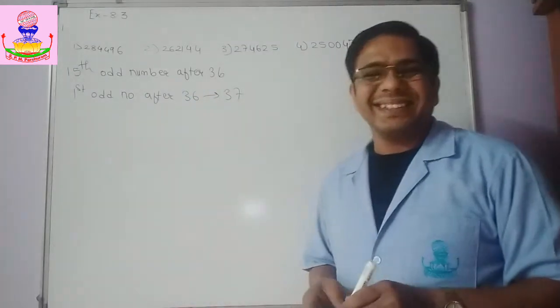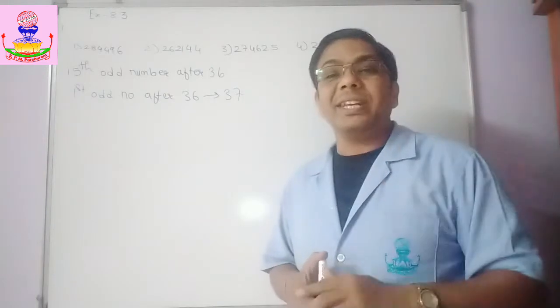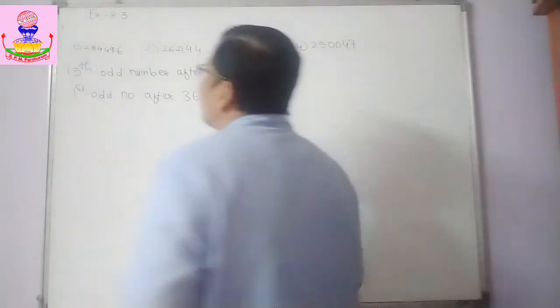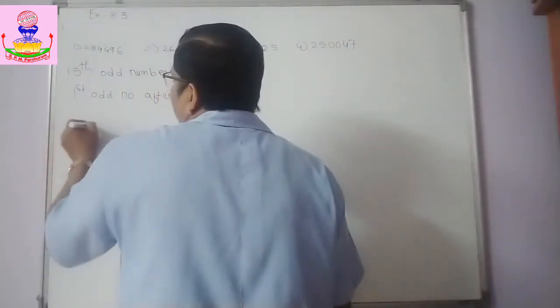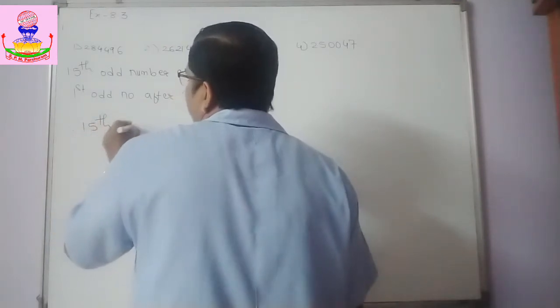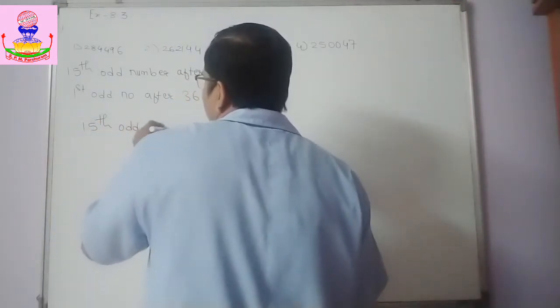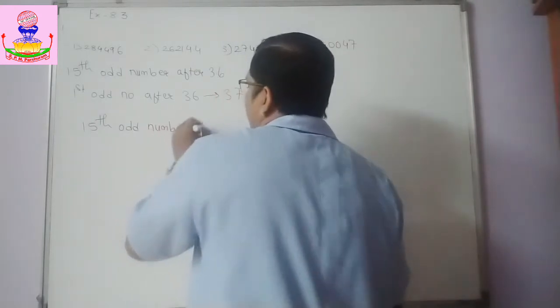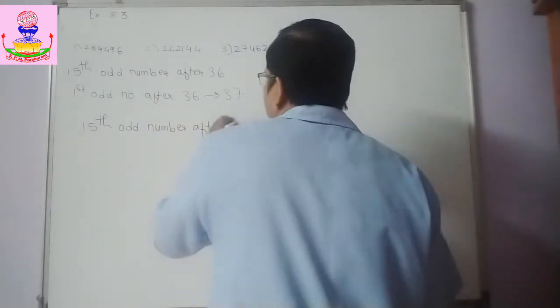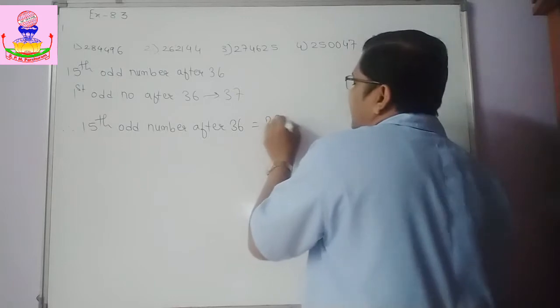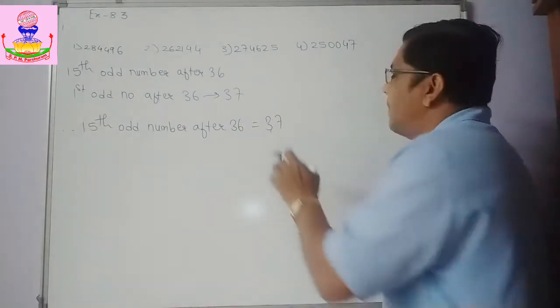So 1 we have got. Now how many are left? 14. Okay. So therefore the 15th odd number after 36 is equal to 37, that is the first odd number.